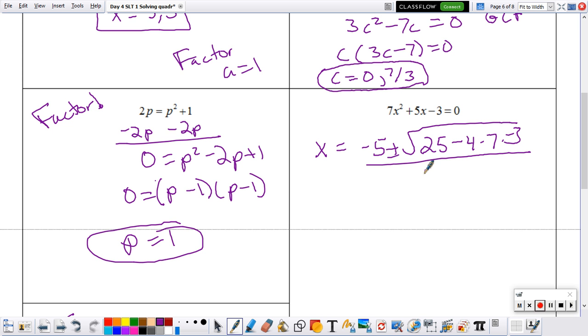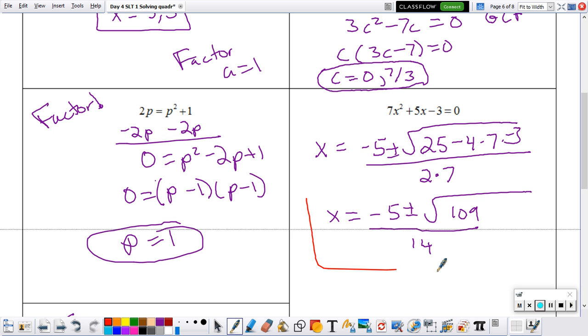If you have not memorized the quadratic formula, you need to get on that right away. So I've got -5 plus or minus the square root of 109 over 14. The end. It's a really long square root, so it's kind of creeping me out.